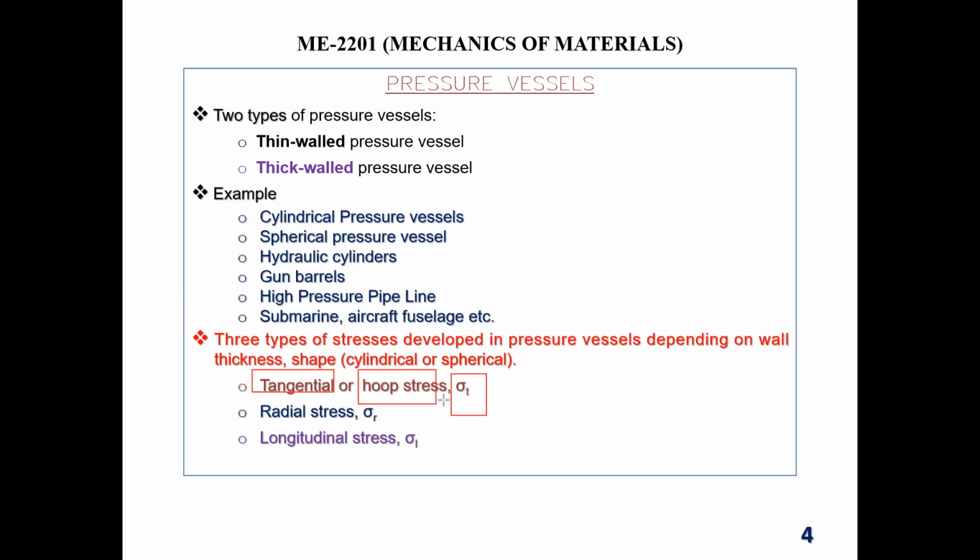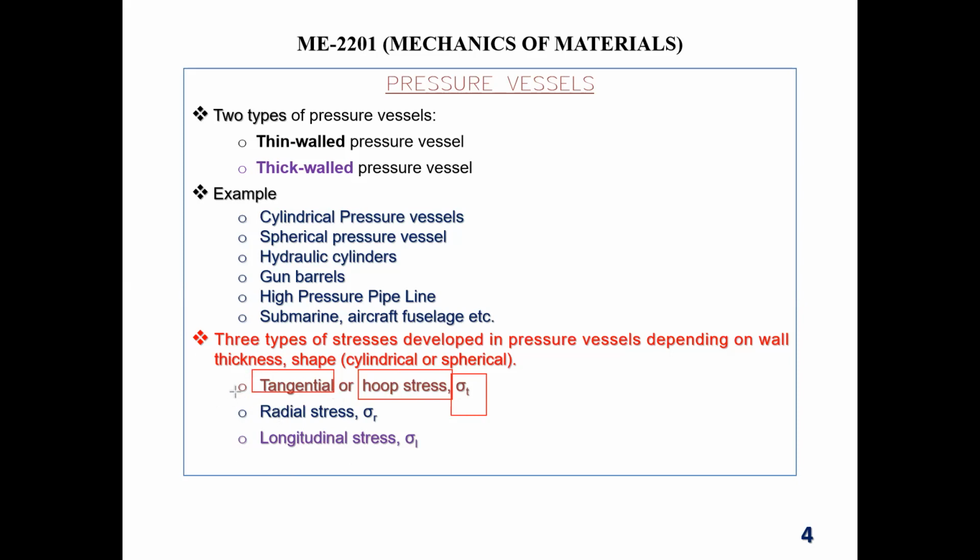Sometimes books call it hoop stress. Sometimes in a job interview they will ask you to write the hoop stress of a pressure vessel, and I see a lot of people don't know what hoop stress is. Hoop stress and tangential stress also have other names: circumferential stress or peripheral stress. All have the same symbol, sigma T.